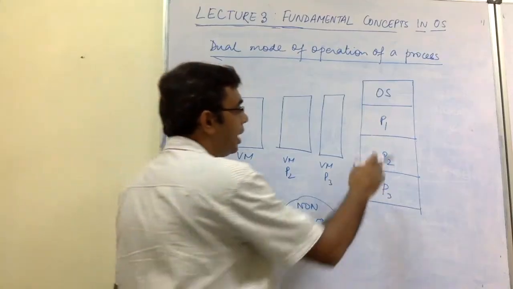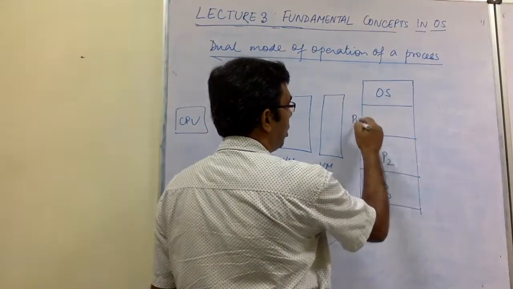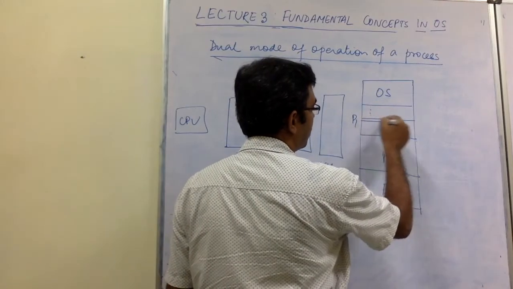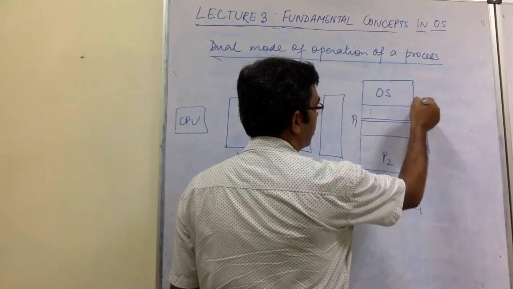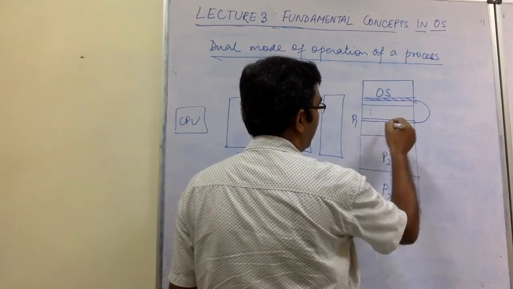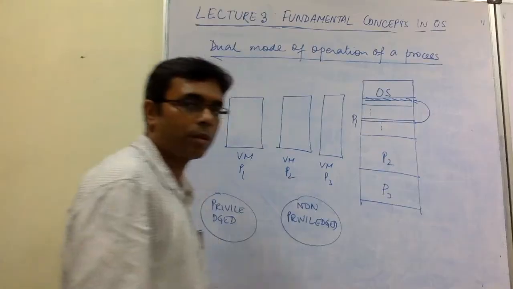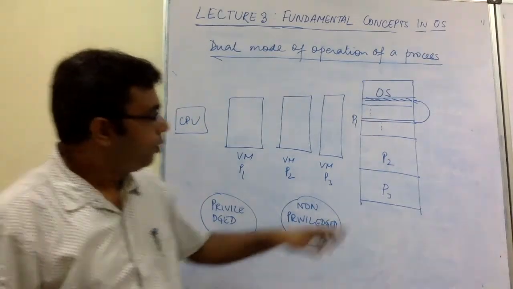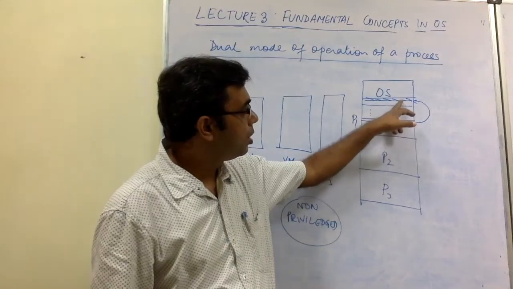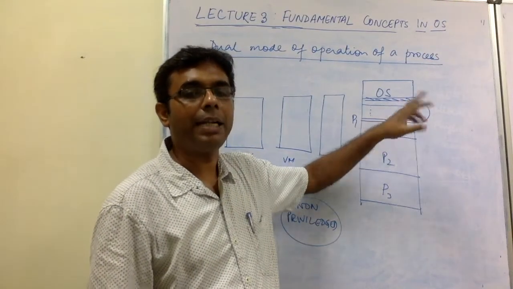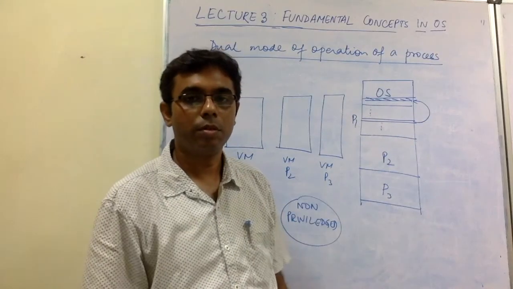So it's something like this, that the process P1 is executing till this portion and suddenly it hits upon an instruction and then it wants this OS code to be executed and then again it will resume the rest. Okay. But if you allow the process to execute the OS code, then it may so happen that it can tamper the OS code.